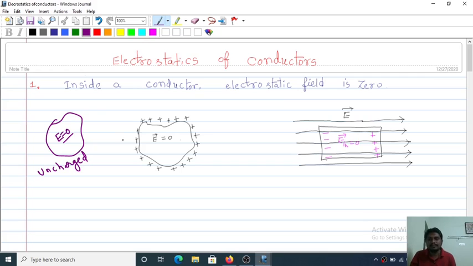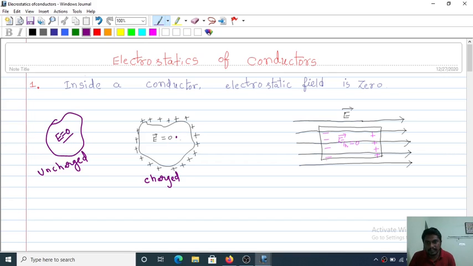Even when the conductor is charged, so here it is a charged conductor, I gave a positive charge to this conductor. This positive charge is adjusted such that the electric field inside the conductor is zero.